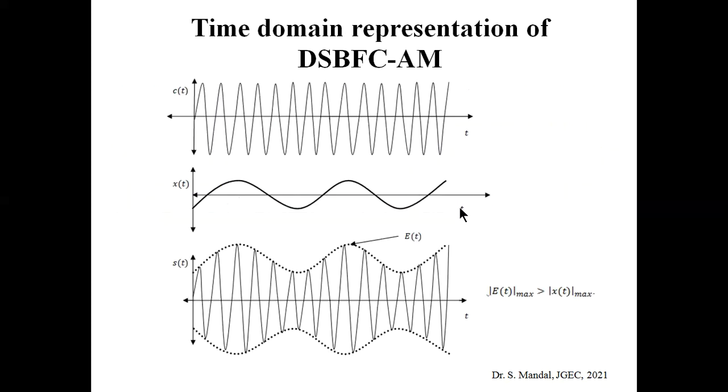The significance of the terms sideband and double will be discussed later. So this is basically the time domain representation of DSB. That means if we use a CRO to observe the modulated wave, it will look like this, whose amplitude is varying according to xt, the message signal, and it is obviously symmetric with respect to the t axis.